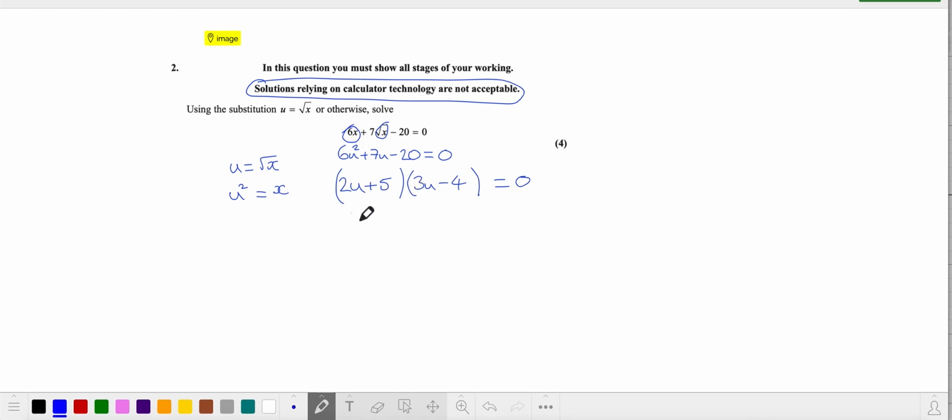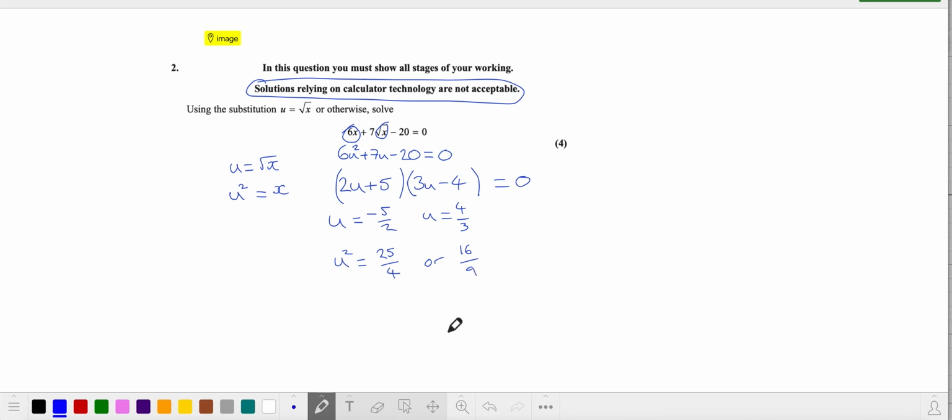Yeah, there we go. Okay. Which means that u is negative 5 over 2, or u is 4/3. And that means that u squared would be 25 over 4, or 16/9.